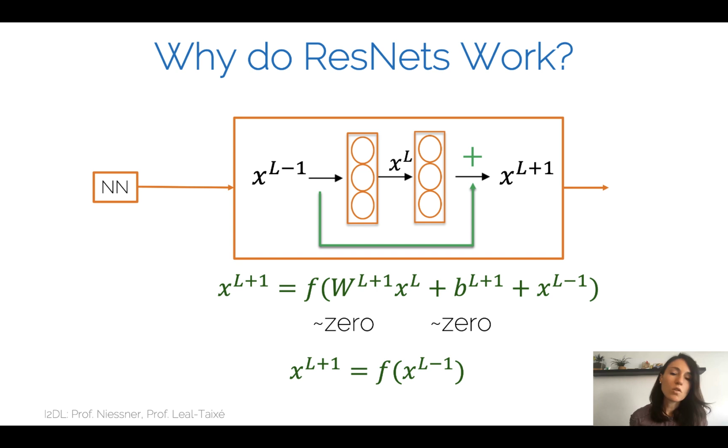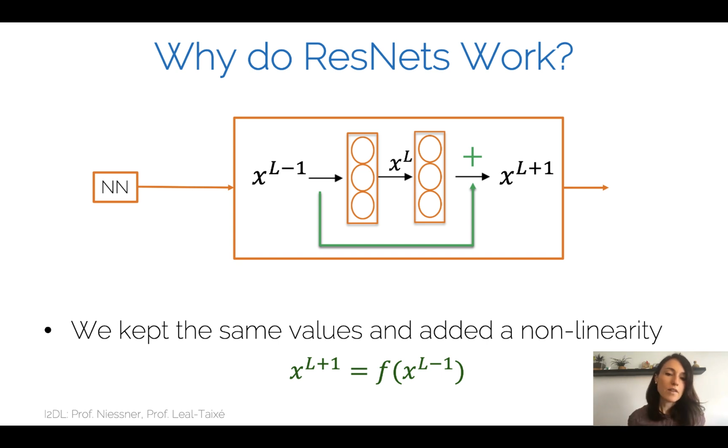The input is small, the weights are small, anything. But these two values lead essentially to 0 in this multiplication and also 0 on the bias. So all that we're left with is X_{L+1}, which is a nonlinearity applied on top of the initial input, X_{L-1}.